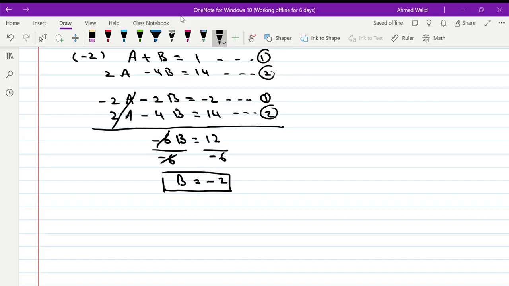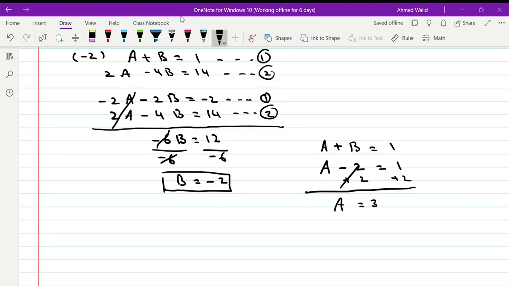Okay, now finding the value of A is easy. Copy equation 1, A plus B equals 1. Plug in the value of B here. A minus 2 equals 1. Add 2 to both sides. Then A equals 3. That's your step number 5.